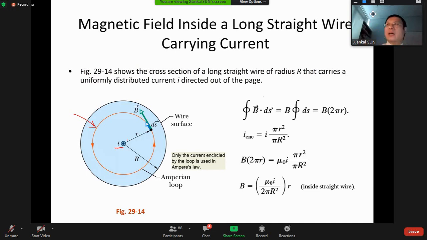So they agree with the right-hand rule. Again, we can write Ampere's law on the right-hand side. Because of the circular symmetry, B is again the same along this Ampere loop, so we can take B out. Eventually, this integral is reduced to B times 2 pi r.